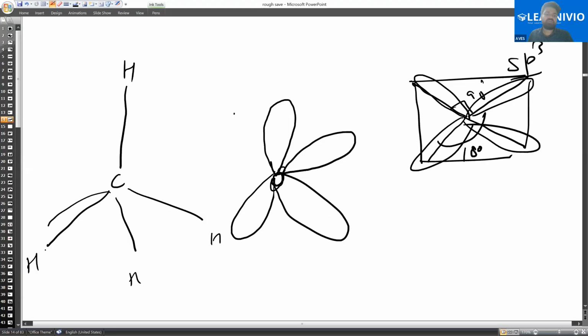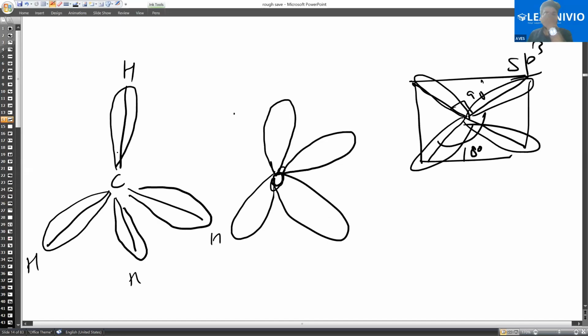So we can consider that when there is sp3 hybridization, the shape of the molecule will be tetrahedral. Understood? Yes, sir. sp3 means tetrahedral. Note it down. Write this down.